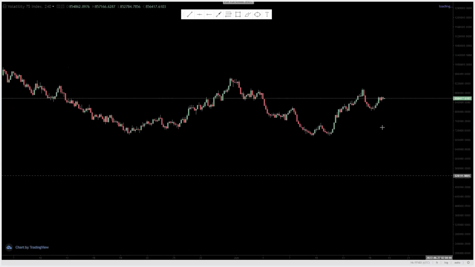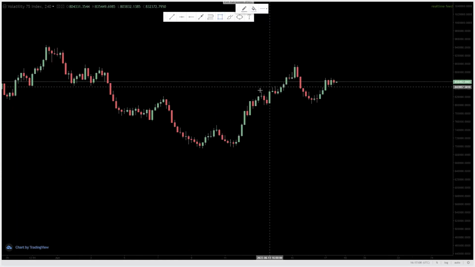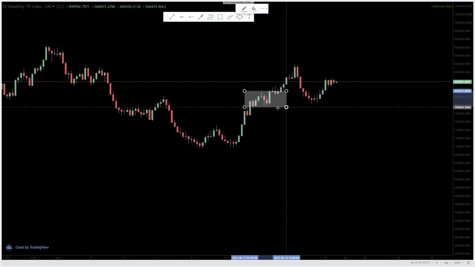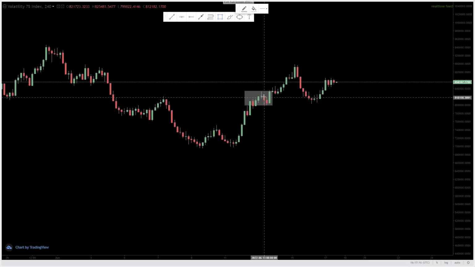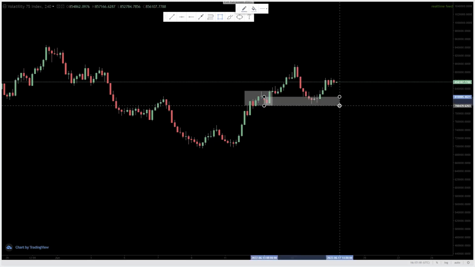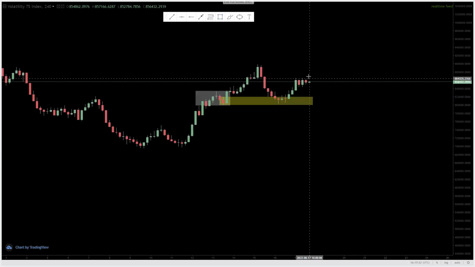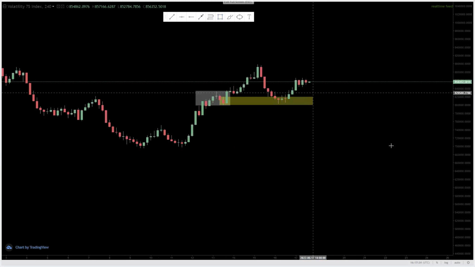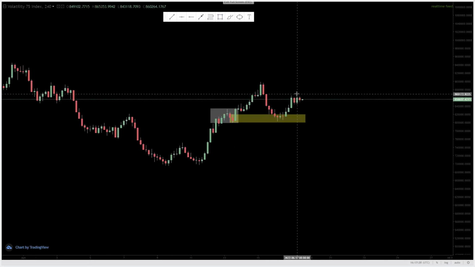On a 4-hour time frame, the market again came to test this level of this structure, tested it there, and then pushed up, went back up again. So this one as well is showing you that the market is still showing some bullish momentum.